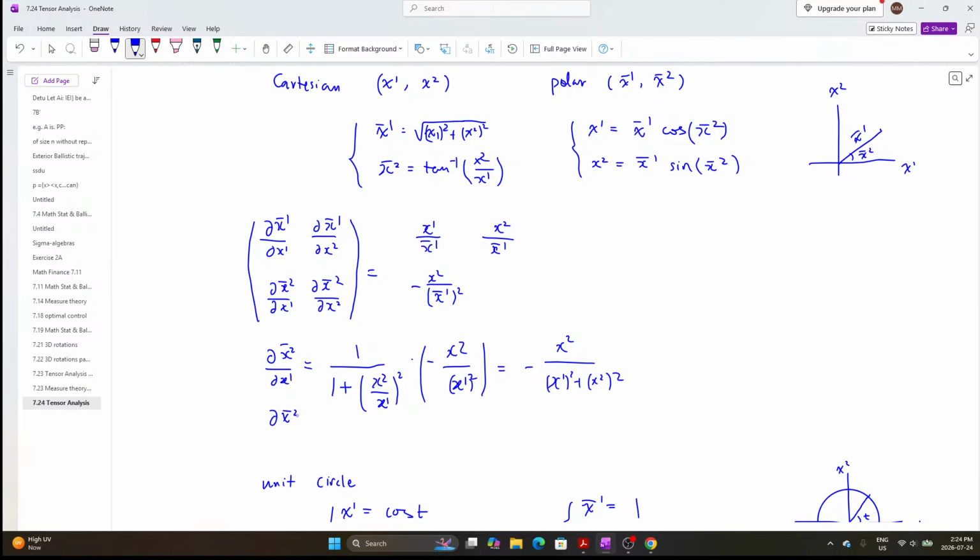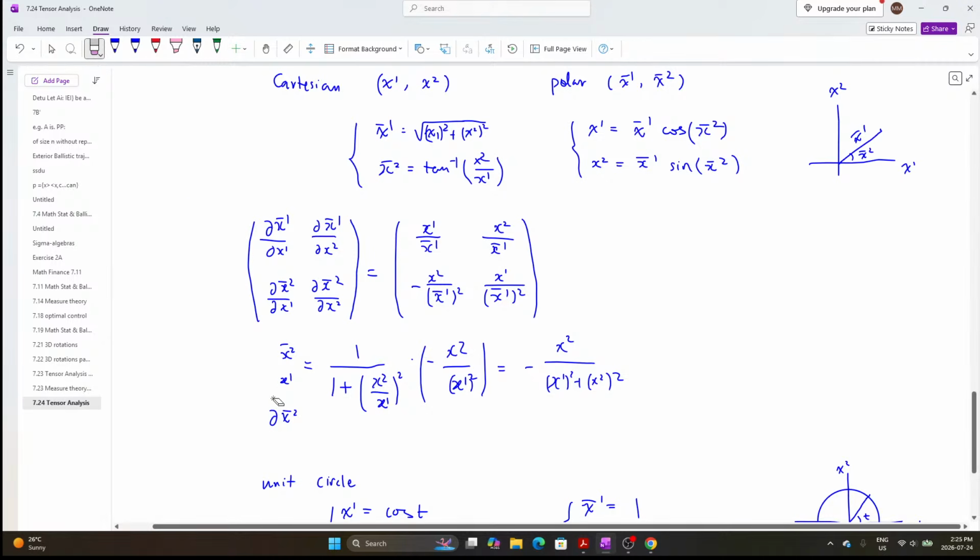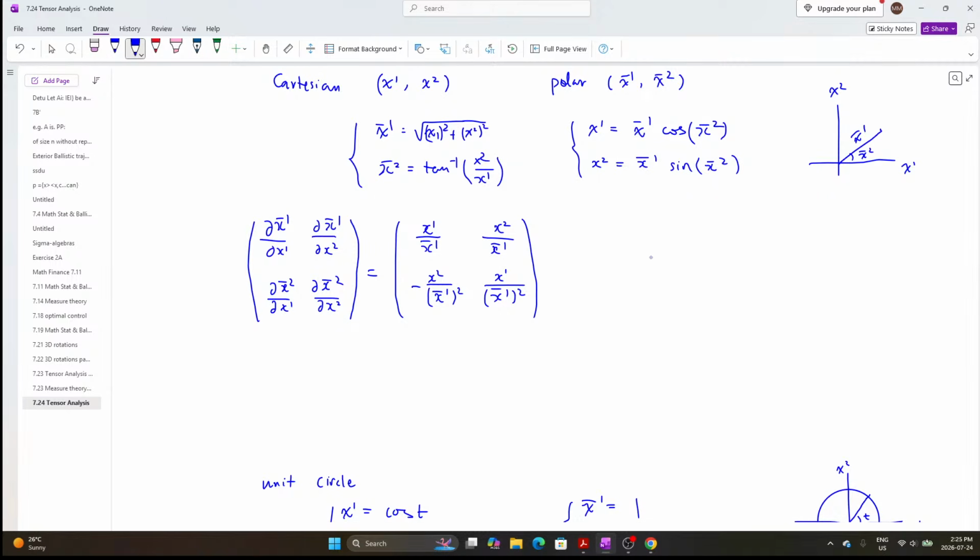Because we did the other differentiation earlier, this should be x^1 over x bar^1 squared. Yeah, this should be that. Okay, so we calculated all the matrix elements. So there's that. Even to this day, I hate working with square roots and fractions.